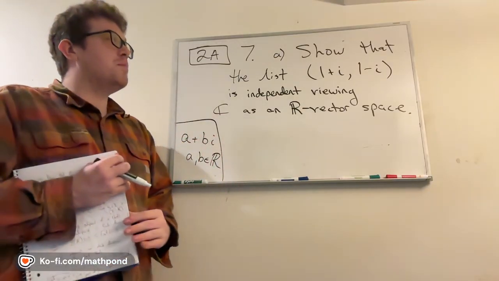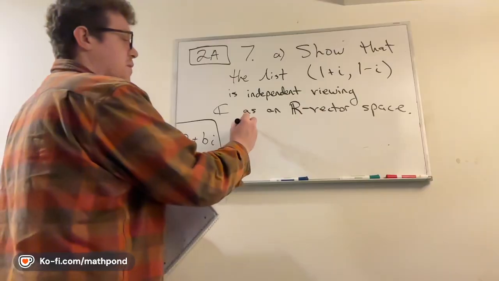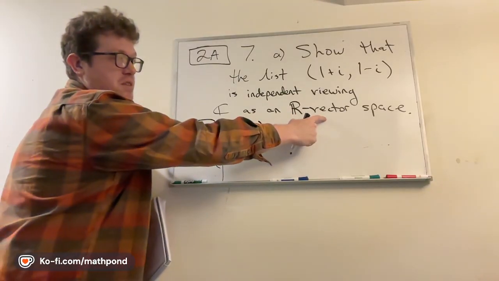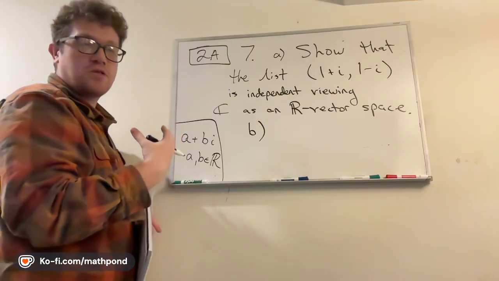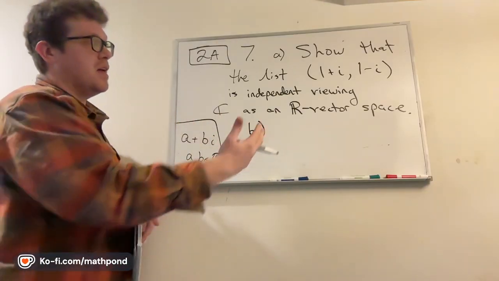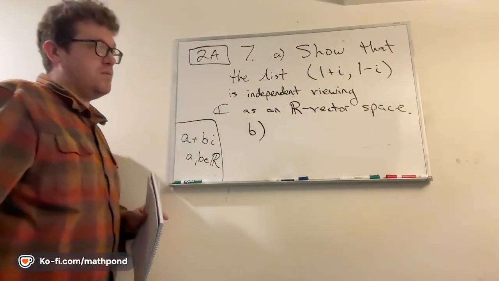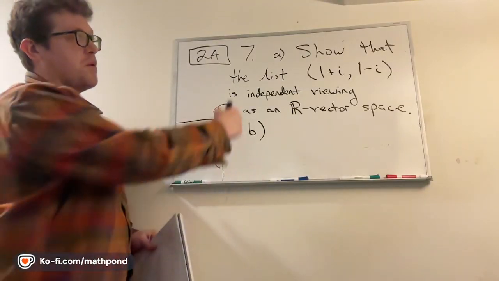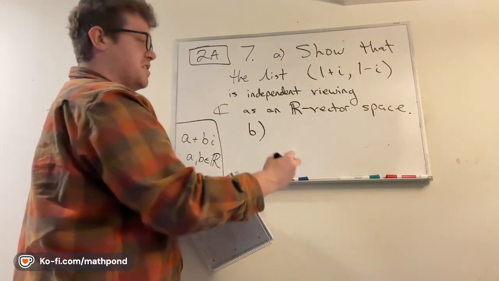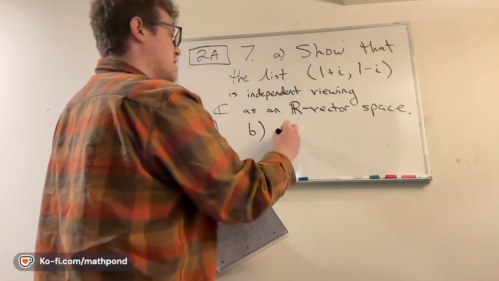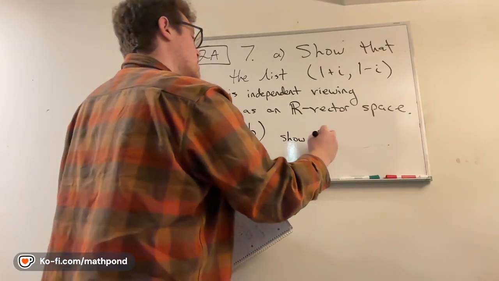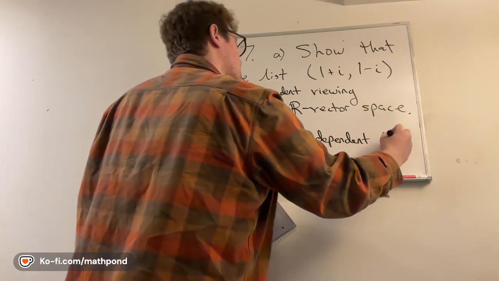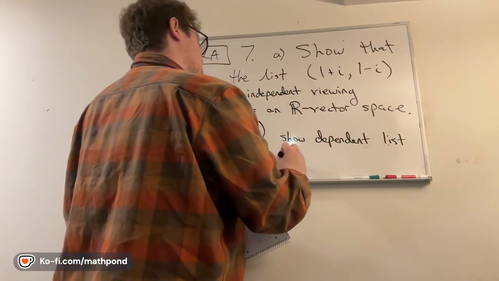In part B, we have to show that when we view these as complex vector spaces, where complex numbers are viewed as a complex vector space, then this list is no longer linearly independent. I don't want to rewrite everything. It's the same list, but for part B, you want to show that it's dependent as C vectors.